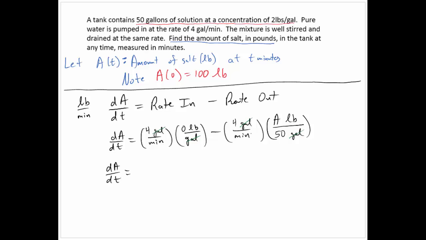But in the second term, simplifying, I'll have negative 2 over 25 A. All right, so there's the differential equation, and now I can solve it. It's a separable equation, so I can write this as 1 over A dA is equal to negative 2/25 dt, and I'll integrate both sides.